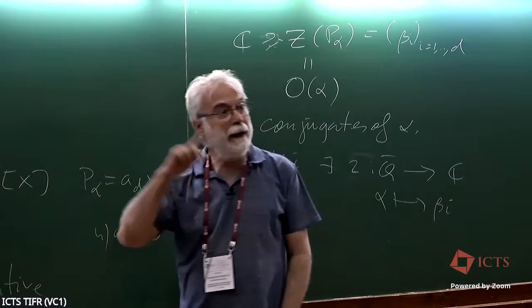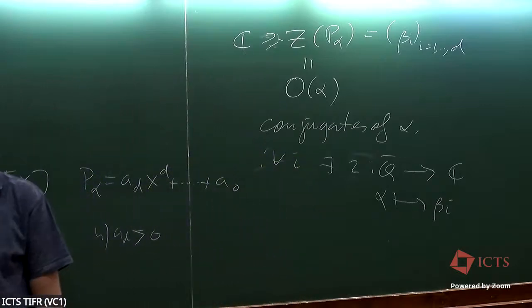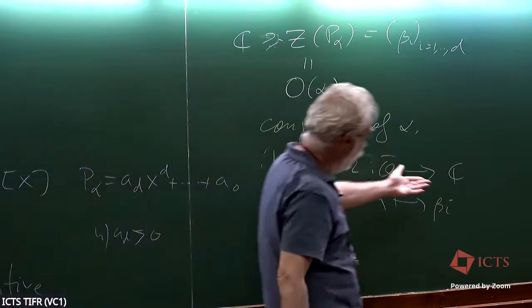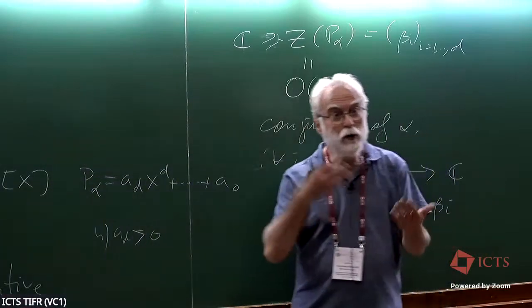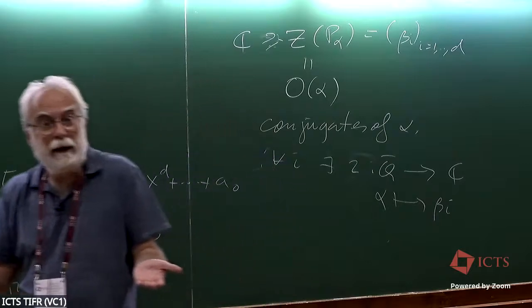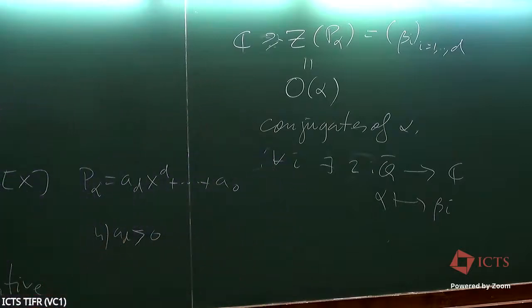So I can make an embedding of the closure of Q inside C that sends alpha to any of these conjugates. So all the conjugates in some sense are equivalent from an algebraic point of view. I cannot distinguish between them. And hence the height should be something that does not depend on alpha, but depends on the set of conjugates.